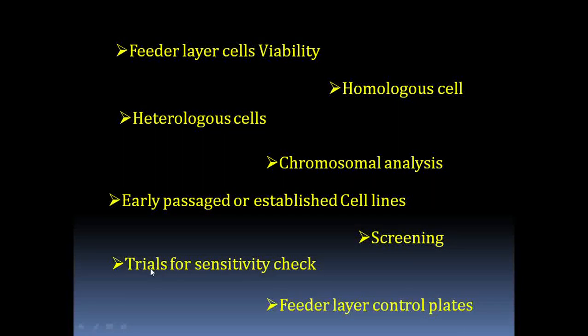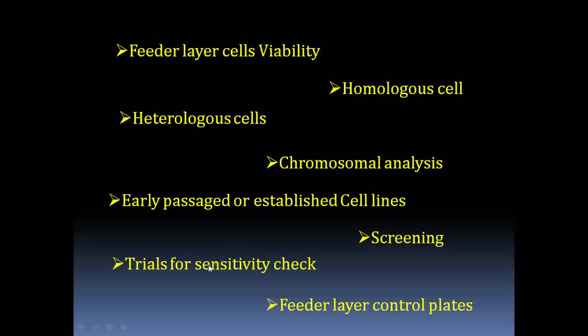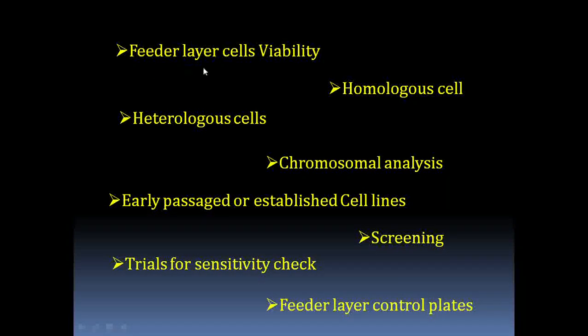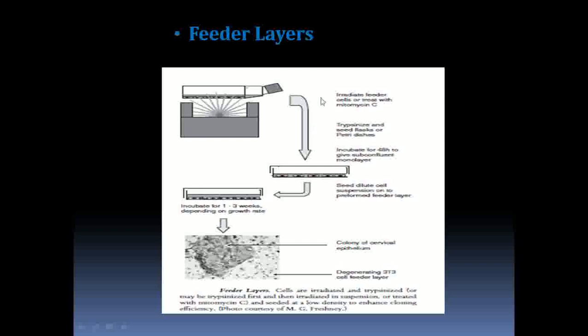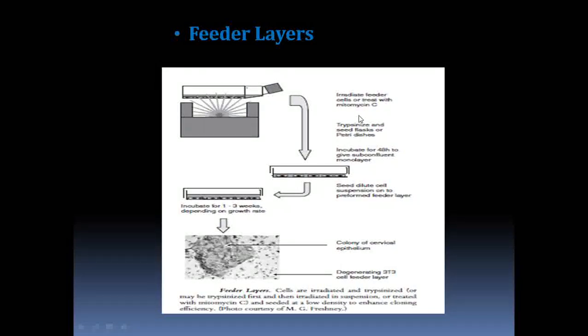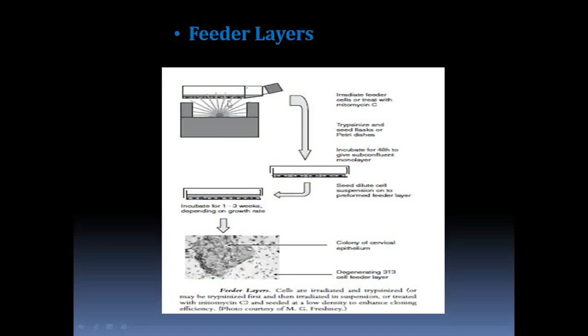Next, we need to conduct a sensitivity check, that is a trial, because we never know how sensitive the feeder layer is, where we have irradiated them or added mitomycin. If they are resistant to such treatment, then obviously they will grow not as a feeder layer but as actual cells.